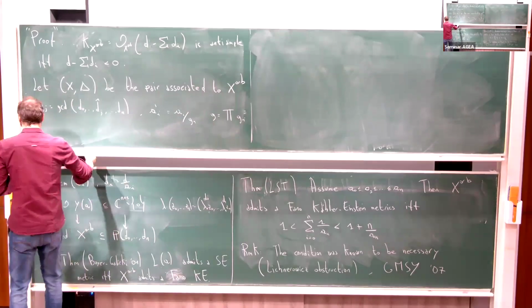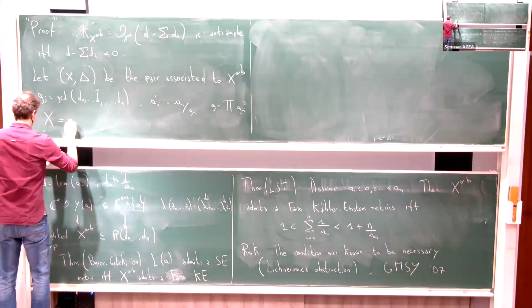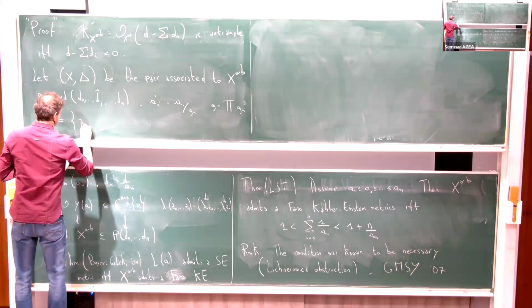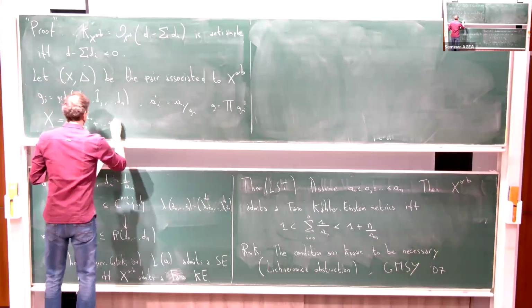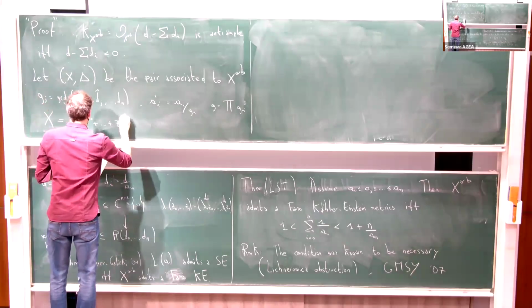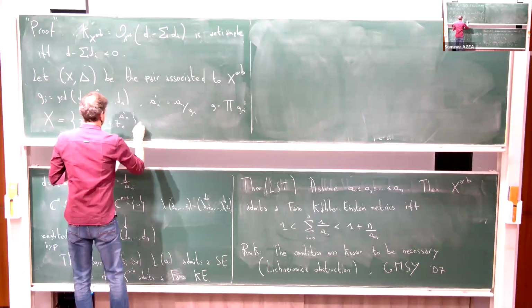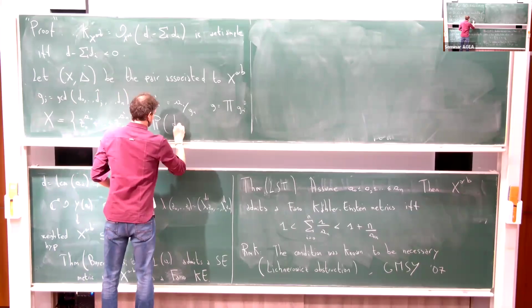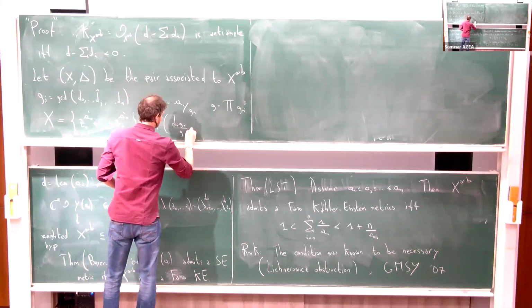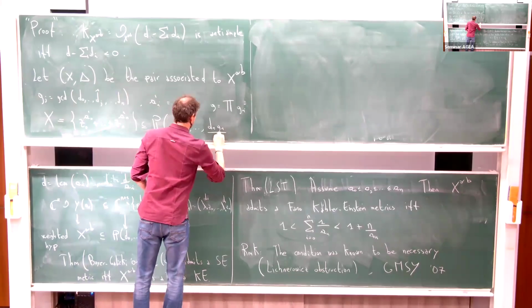And then our X is going to be Z_0 to the A_0 prime plus ... plus Z_n to the A_n prime, to the power d_n G_n over G, equal to 0.